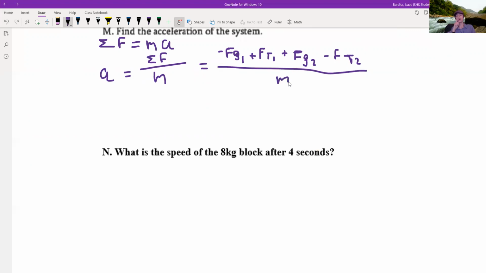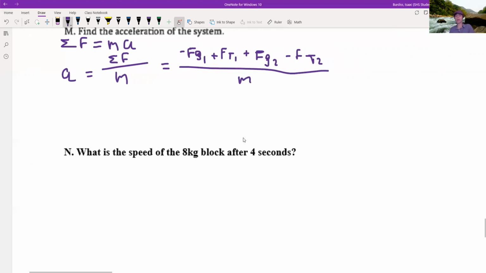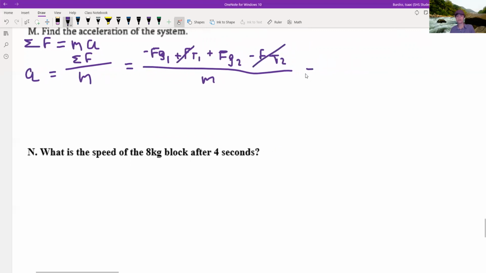And then you might get stuck because you're like, I don't know the tension forces. Well, remember, they're the same. If you have a negative one and a positive one, then you can cross those out. Bye-bye.